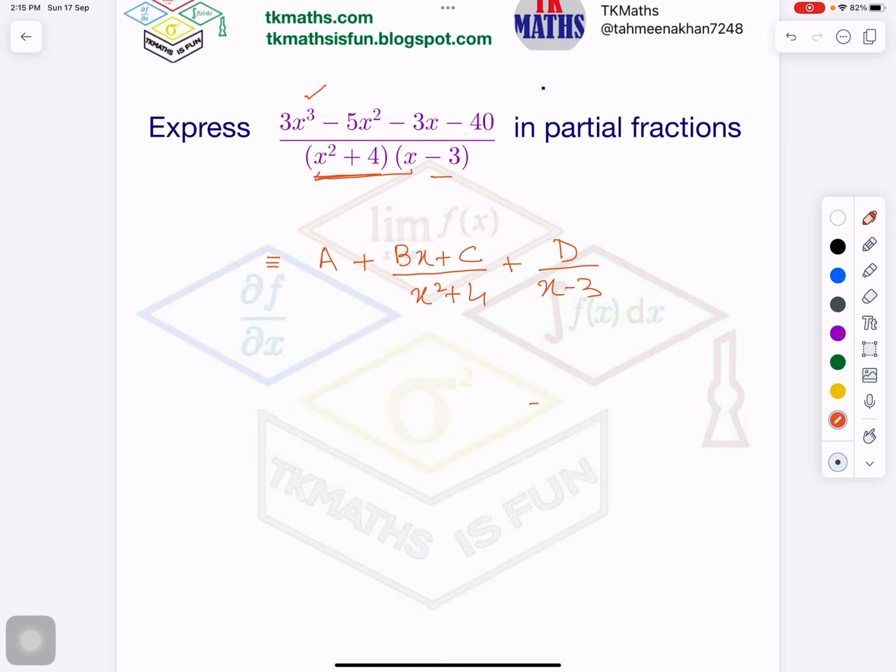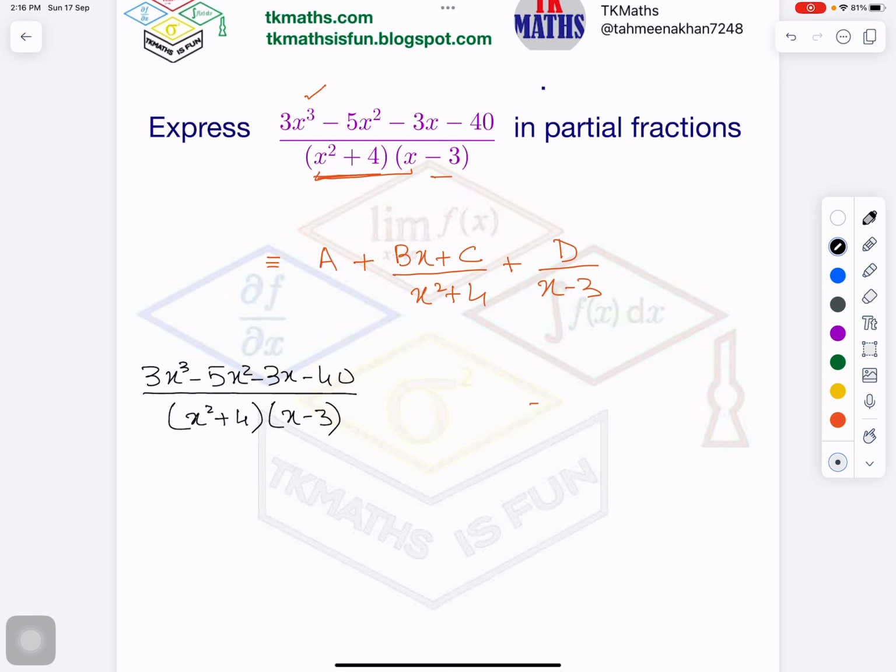Now when we are solving it, the technique is: left hand side I have 3x cubed minus 5x squared minus 3x minus 40 over x squared plus 4 times x minus 3.